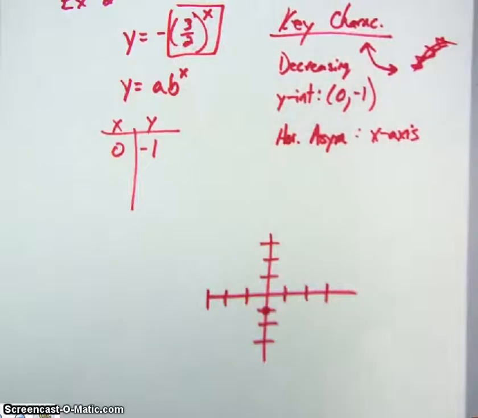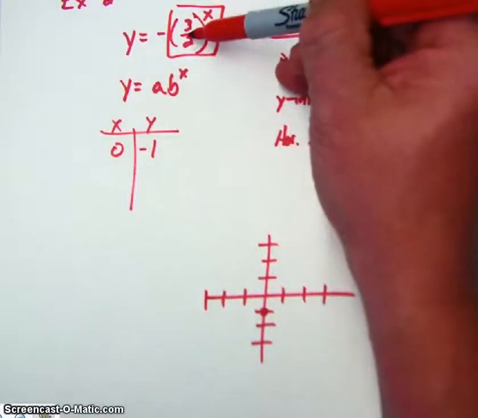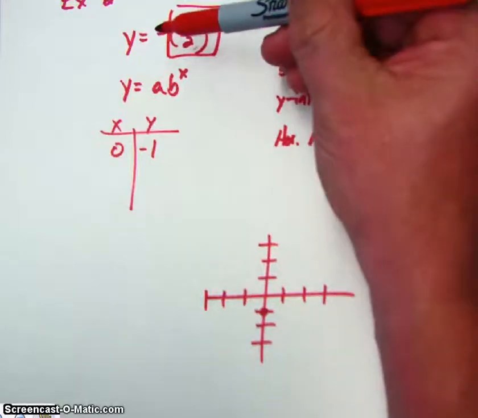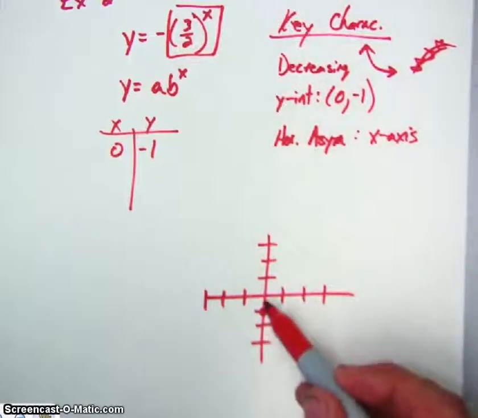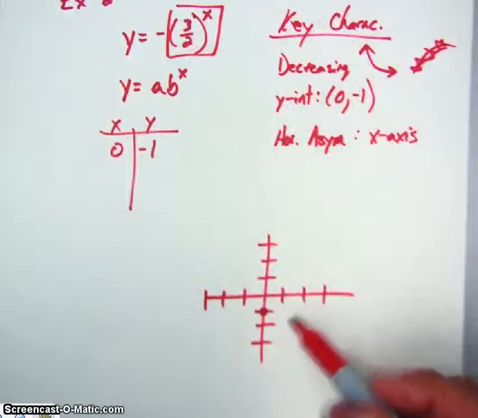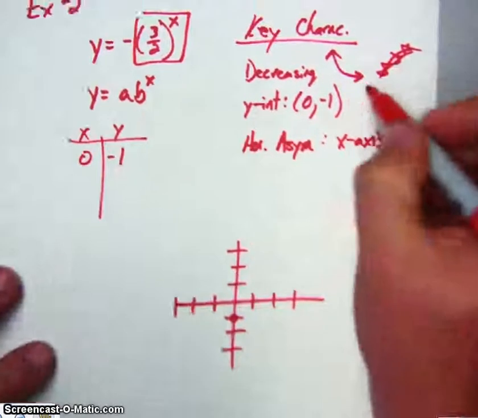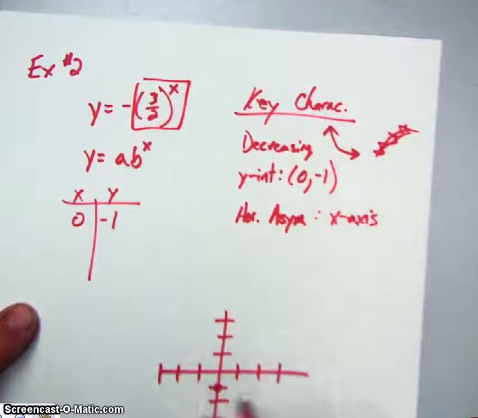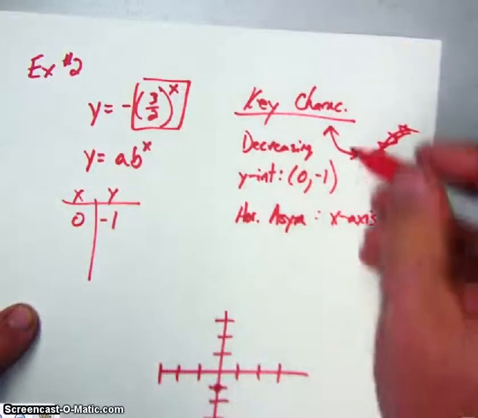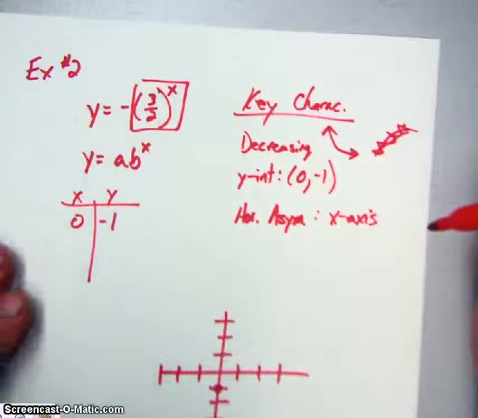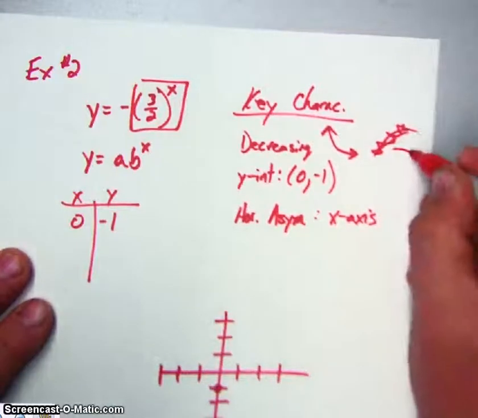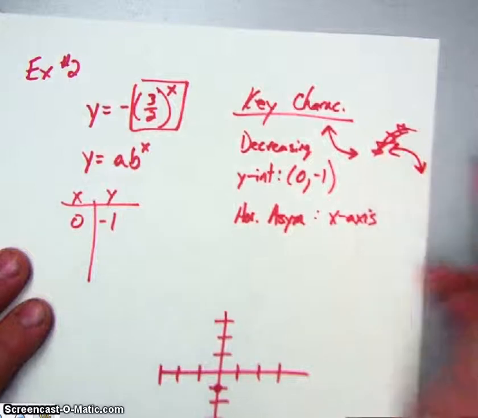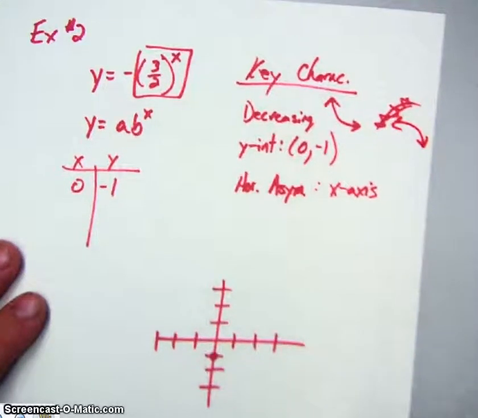That's never going to happen, because the negative exponent only makes it a reciprocal, it flips it. So my answer will always be negative, and my curve will always be below the x-axis. If I draw a graph that crosses the x-axis, that can't be correct. So the only way this can be decreasing is if it goes like that, and from left to right it decreases.